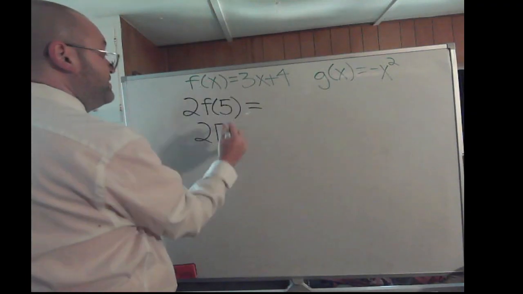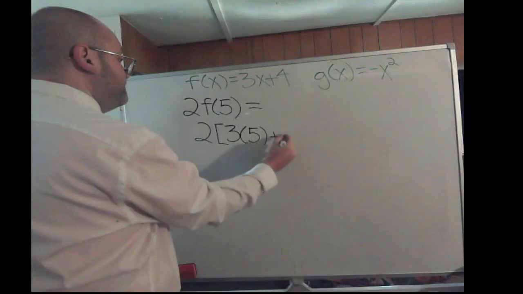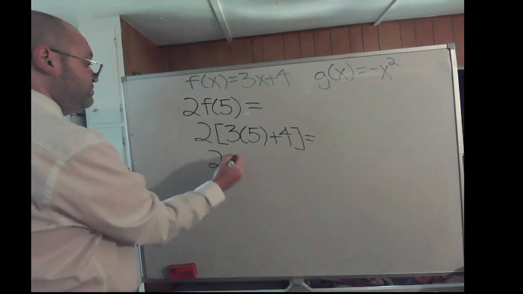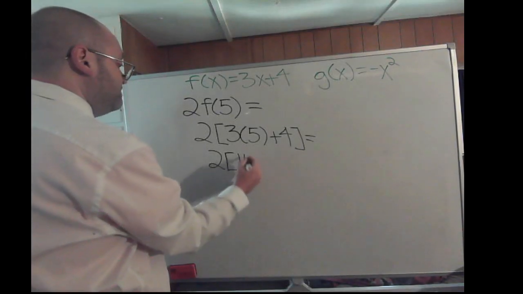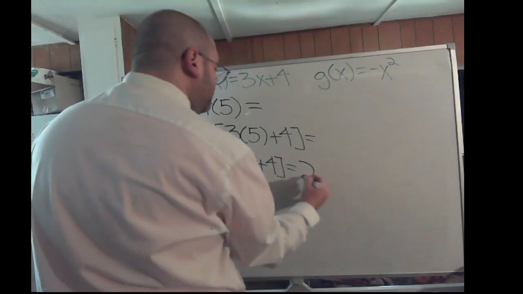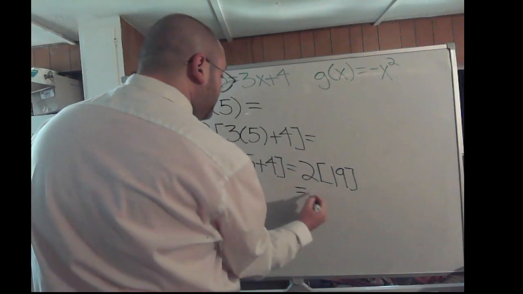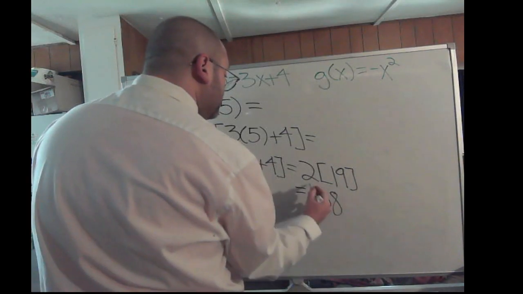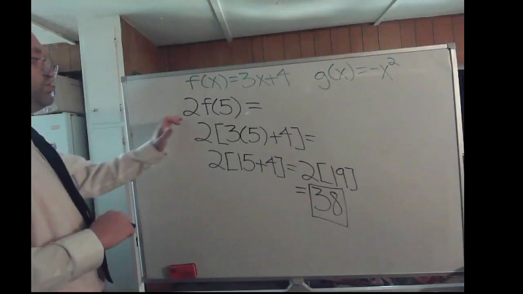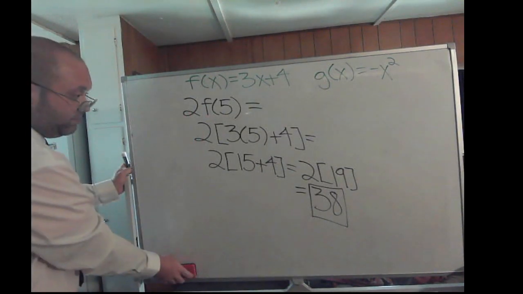Now you just worry about the f of 5, which would be 3 times 5 plus 4, which is going to be equal to 2 times 15 plus 4, which equals 2 times 19, which we know is 38. So this is still largely pretty straightforward. The only thing is you have a coefficient outside of the function you're evaluating.